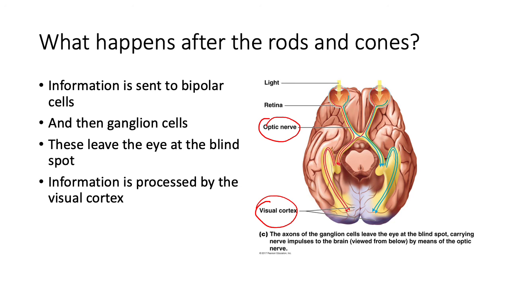Those ganglion cells are essentially sending their signal all the way to the visual cortex. And it's here that our brain can then think about and perceive what we are looking at. So the visual cortex of the brain is where that information goes and is basically computed so that we can see.